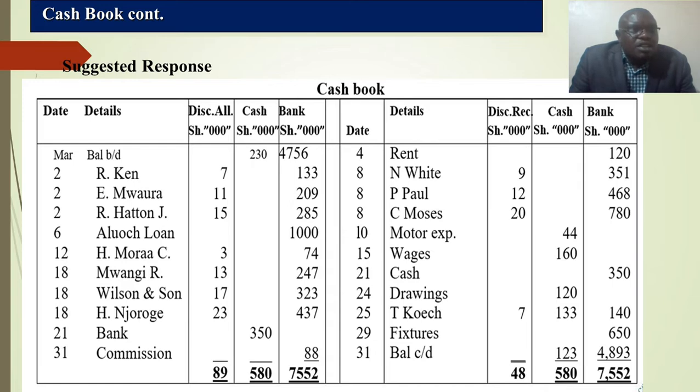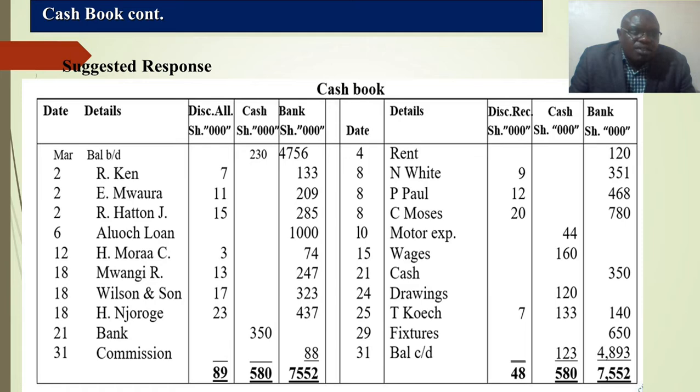On the same date, Mwaura paid the business through the bank 209,000 Kenya shillings after deducting a discount. In other words, he was allowed a discount of 11,000. R. Hutton paid 285,000 through the bank, and he was allowed a discount of 15,000.